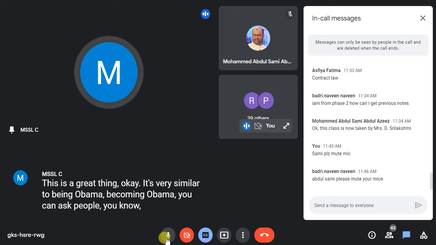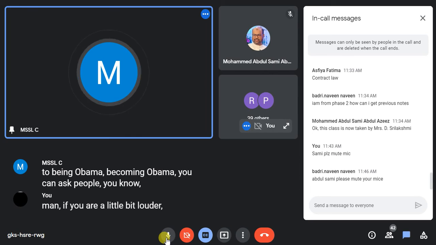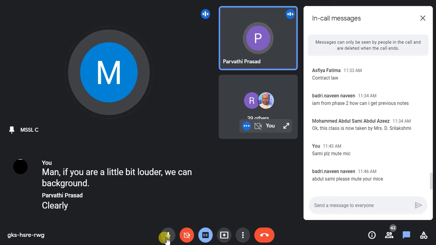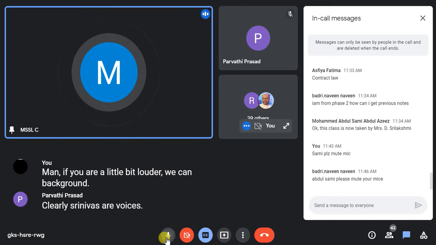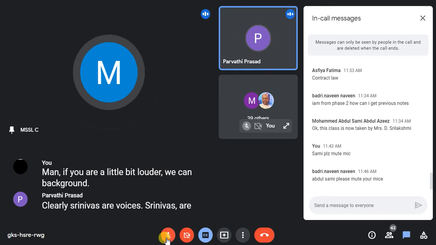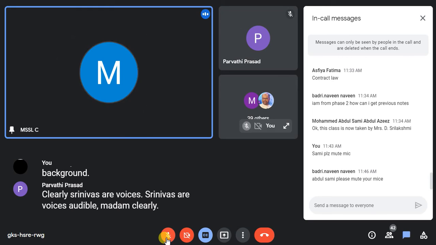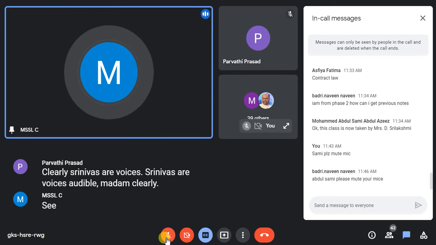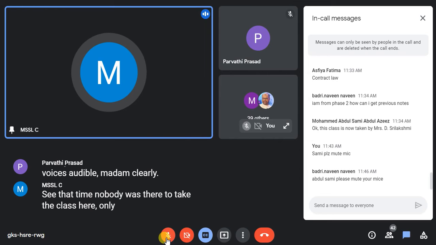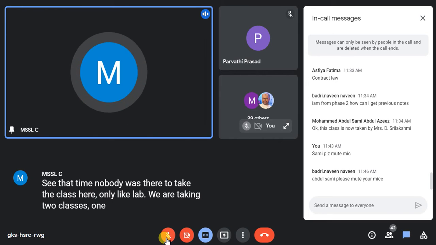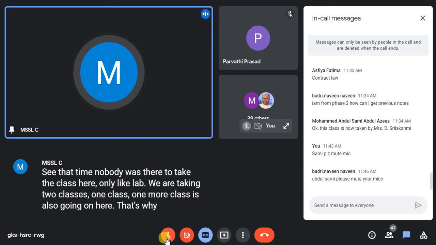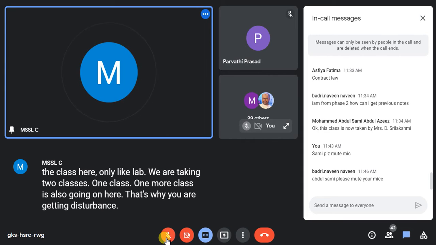Ma'am, if you are a little bit louder, we can have a background. Srinivas sir's voice is clearly audible, madam. Freely tell your ideas. See, at that time nobody was there to take the class. Here in the lab we are taking two classes. One more class is also going on here. That's why you are getting disturbance. That should be prohibited.